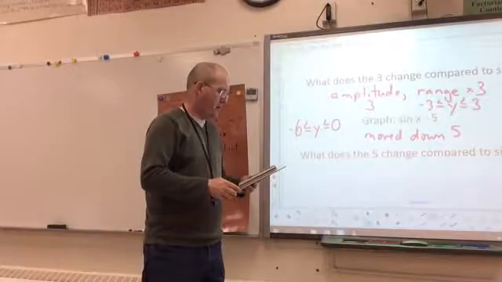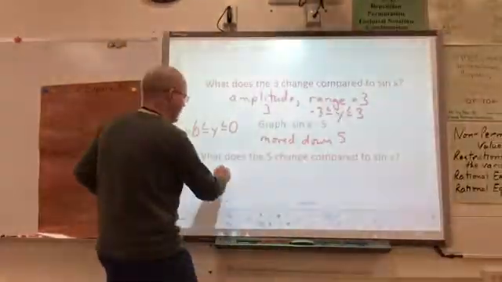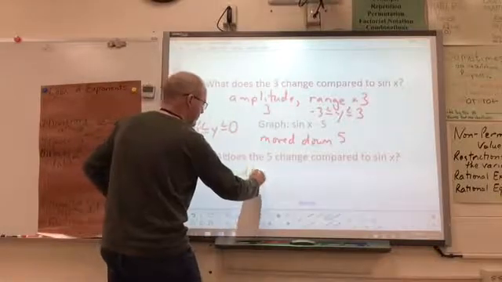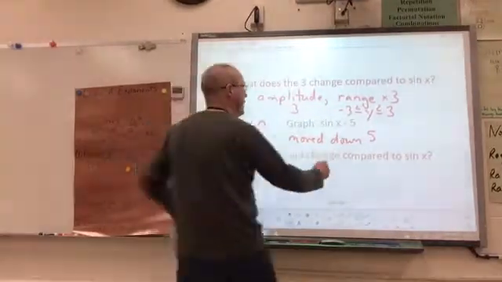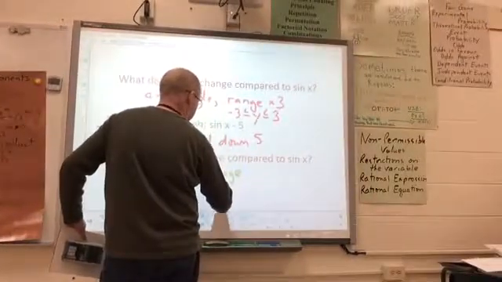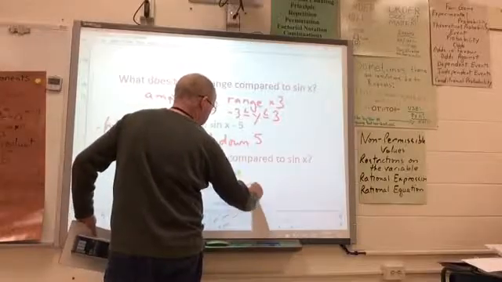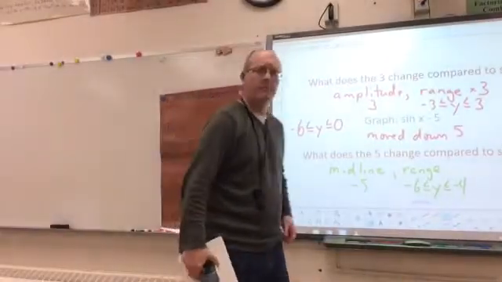And I'm going, ooh, what's happened? The midline is now minus 5, but everything else, oh, and the domain, the range, it's gone down 5. That's sneaky.